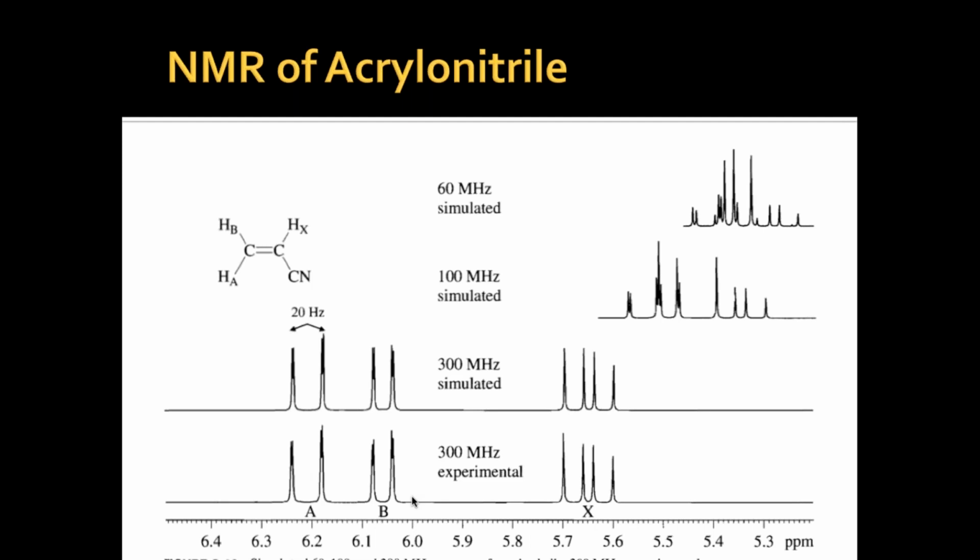What does that mean? As I said, cyanide is electron withdrawing. It withdraws the electron from the neighbor carbon, which means the electron density is reduced on this carbon. If the electron density is reduced on the carbon, that carbon is more in the external magnetic field, which means they are de-shielded, which means they are downfield.